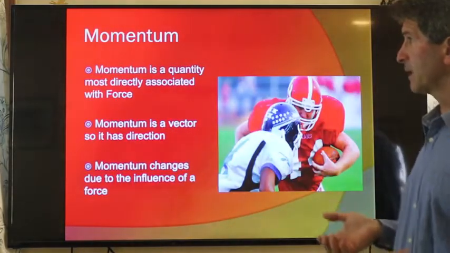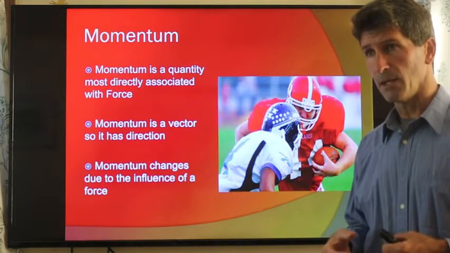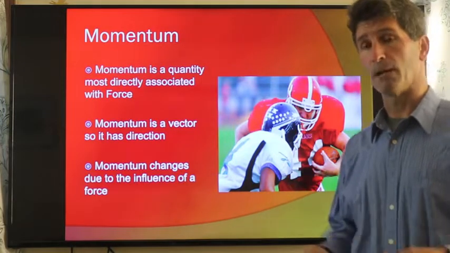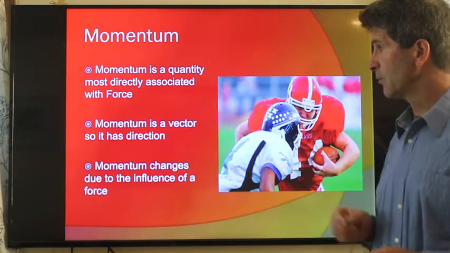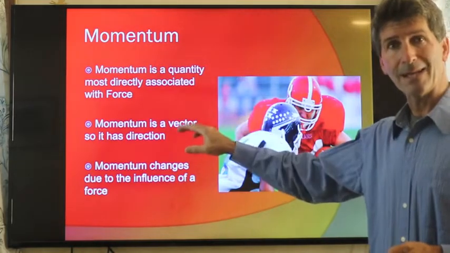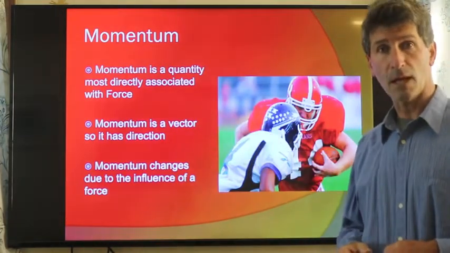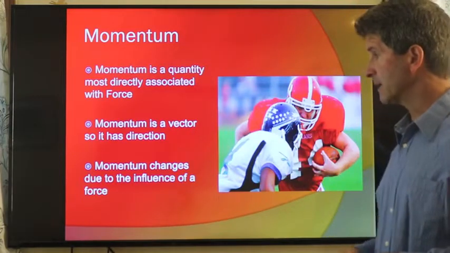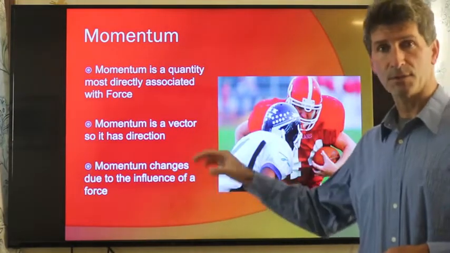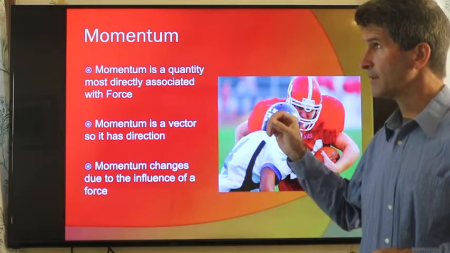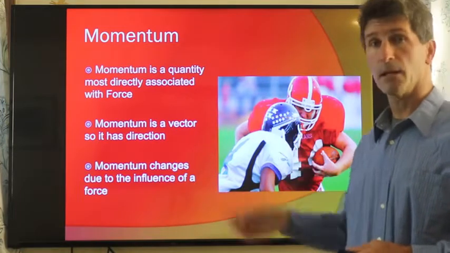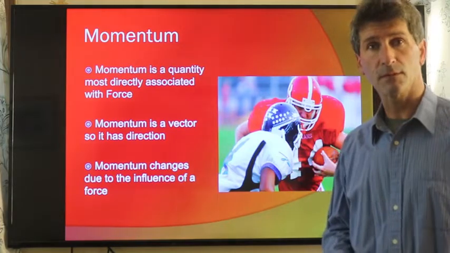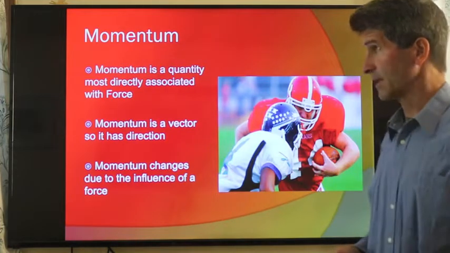The easiest way to think about momentum is it's a measure of inertia combined with motion. Like our velocity vector, it is a vector, it does have direction, and like our mass, which is a scalar, it does depend on the number of kilograms a particular object has.